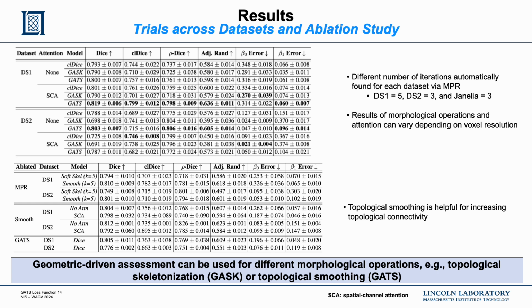We think that lower voxel resolution inputs benefit from topological smoothing. Our ablation study showed that all components of the GATS loss function are required to maximize the CLDice metric, which, as mentioned earlier, is a useful measure of topological connectivity because of its incorporation of the notions of topological precision and topological sensitivity.